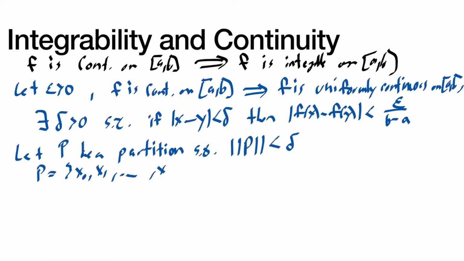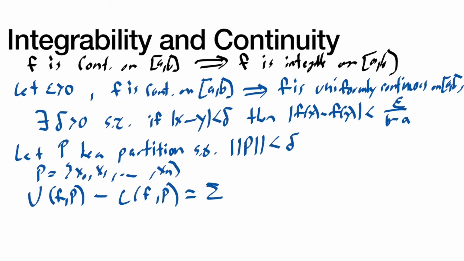So that partition is going to be x_0, x_1, up to x_n. And now the question is, what is my upper sum of all of these, and what is my lower sum? And importantly, what is the upper sum minus the lower sum? My upper sum is the sum, j from 1 to n, of the maximum value on each interval times the size of the interval.